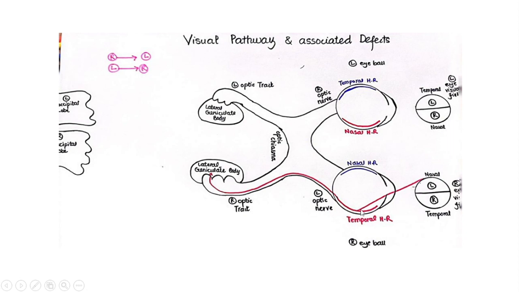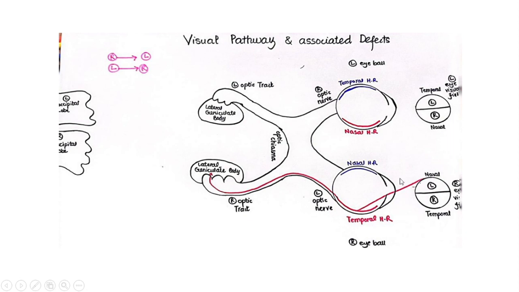So you need to understand that if there is damage of the inferior retina or inferior retinal fibers along the pathway, then this is going to cause a defect in the superior part of the eye visual field.